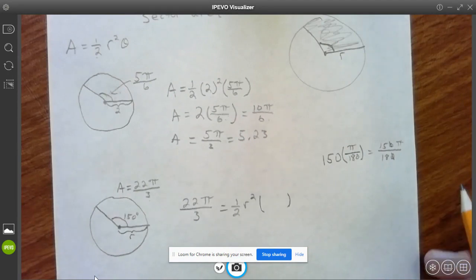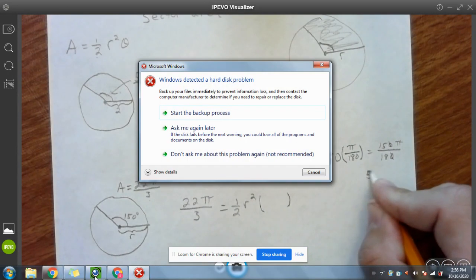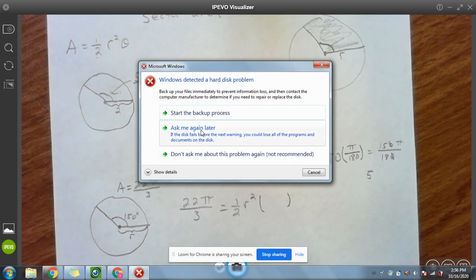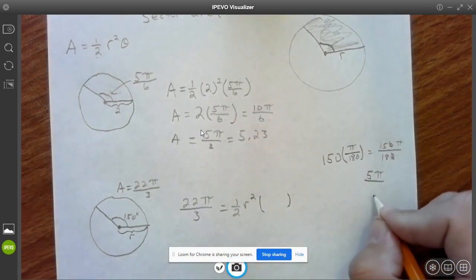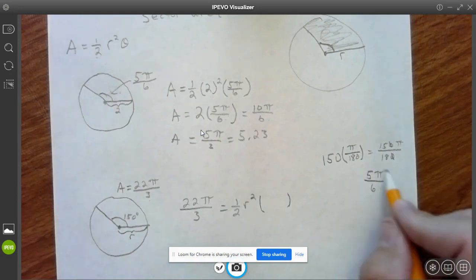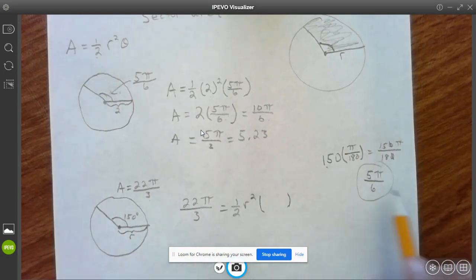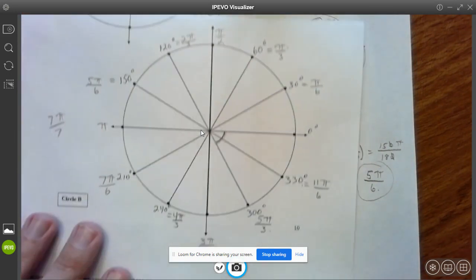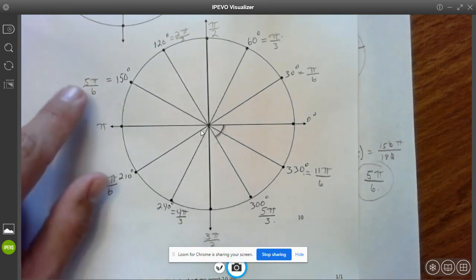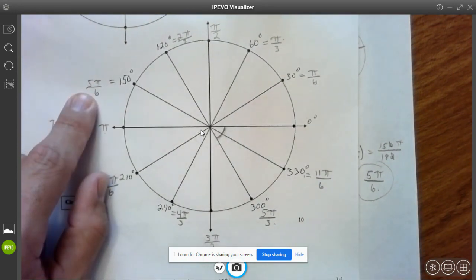You can divide those by 3. 15 becomes a 5, 18 becomes 6. So 150 degrees is 5 pi over 6 radians. Or we could have just used our little reference sheet here. Good.